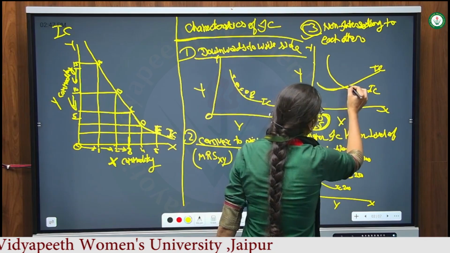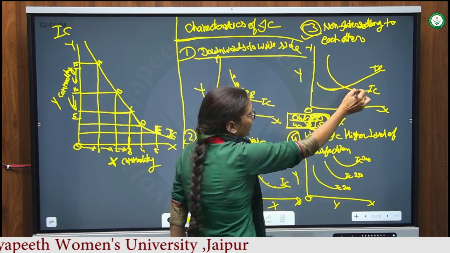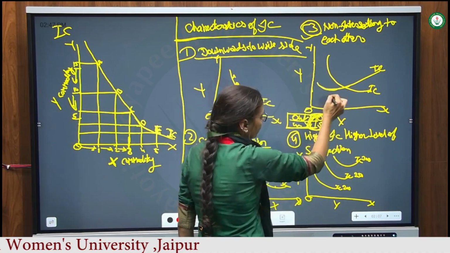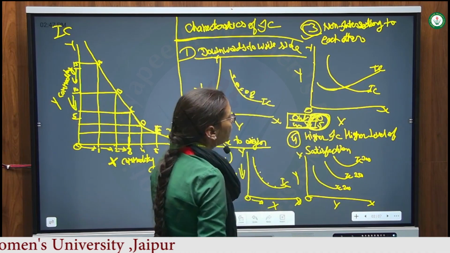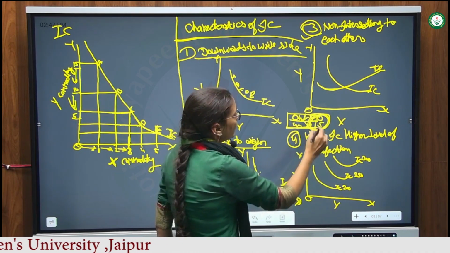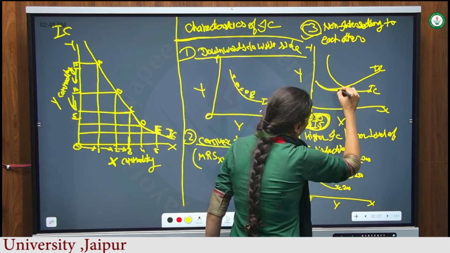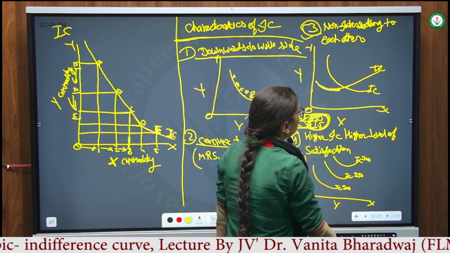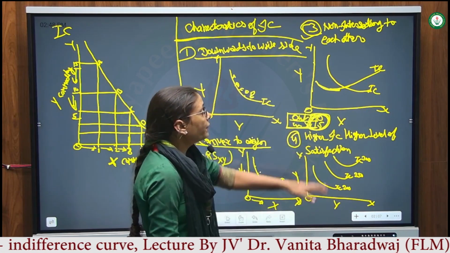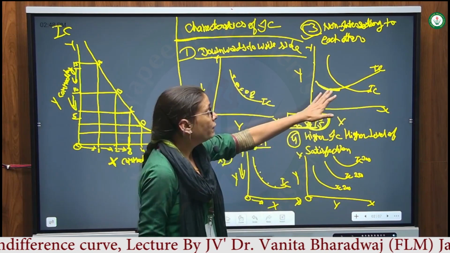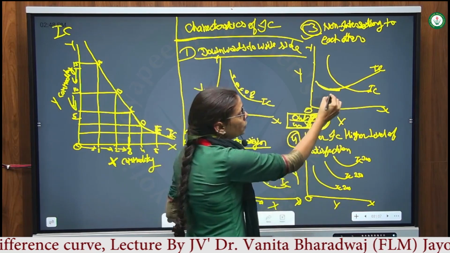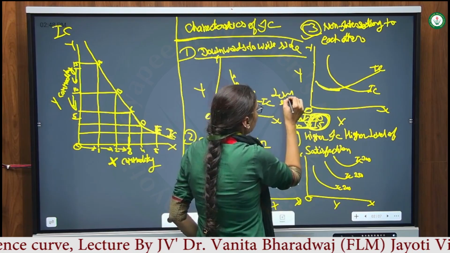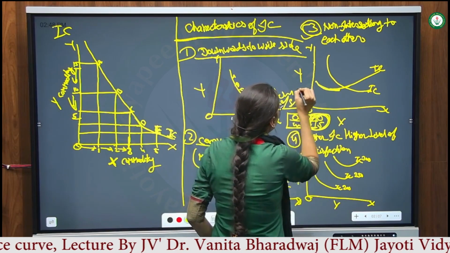The right side indifference curve contains more units, so it yields more, and the lower indifference curve contains fewer units, so it gives less yield. So they never intersect each other because of the different levels of satisfaction.